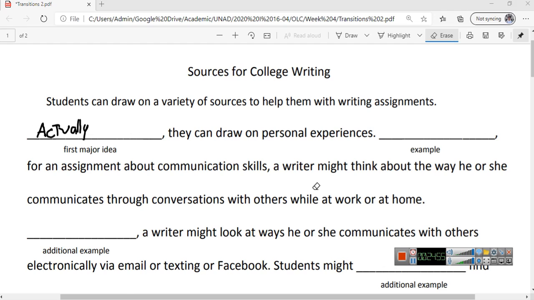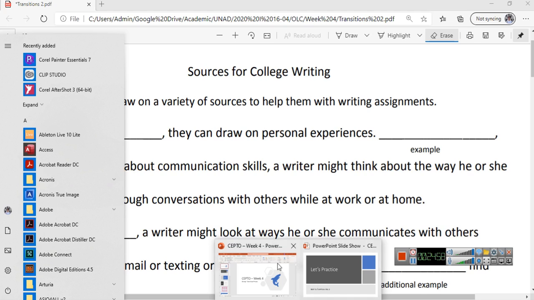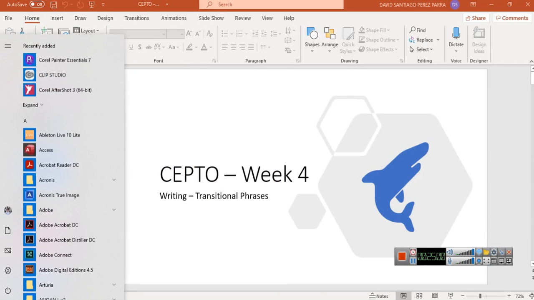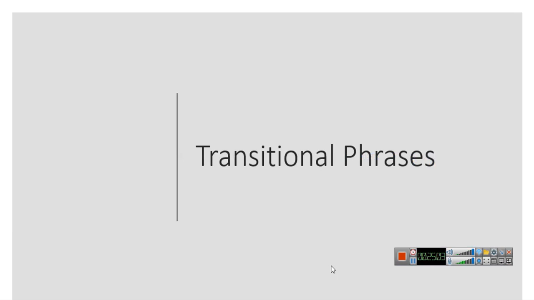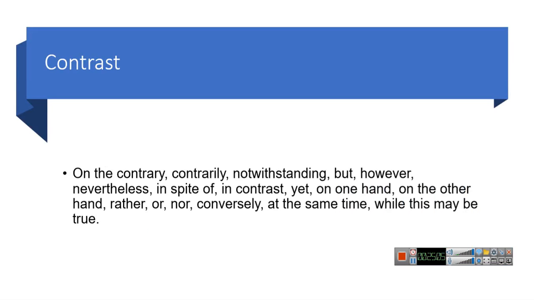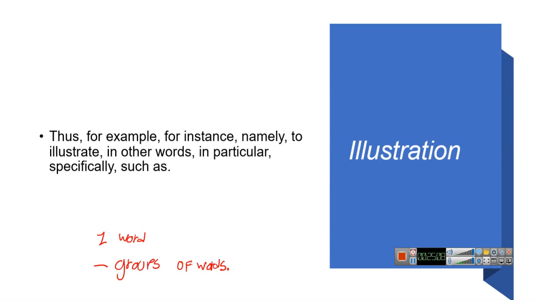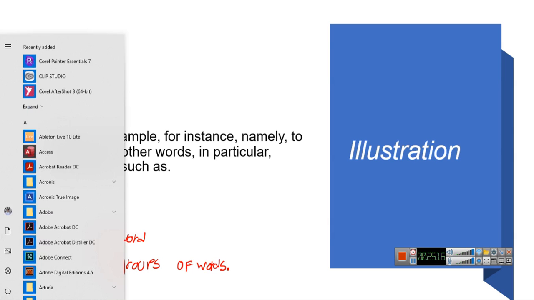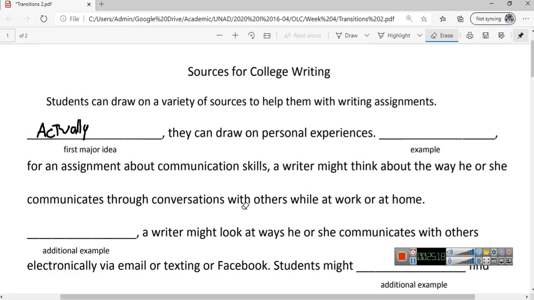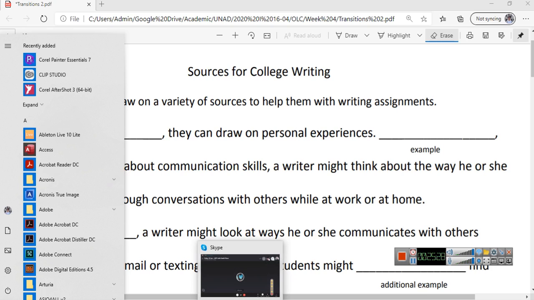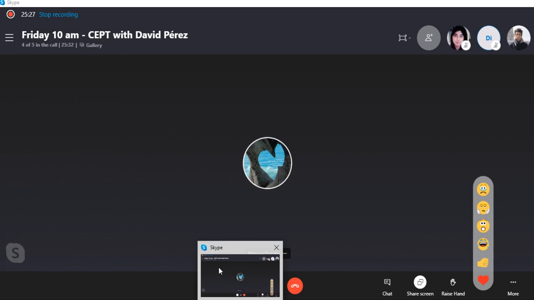Let's go back to the transitional phrases that we have to illustrate. All right. Look, we can use any of these ones: thus, for example, for instance, namely, to illustrate, in other words, in particular. In other words. Let's look at it. In other words. Well, it doesn't work. Now, don't worry about that. You're very close because, yeah, we have to illustrate.